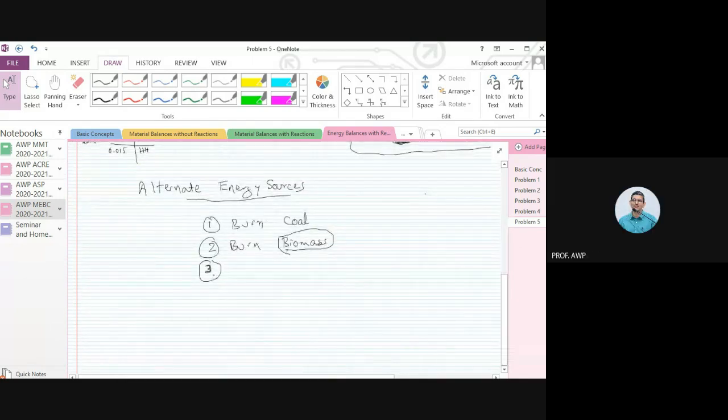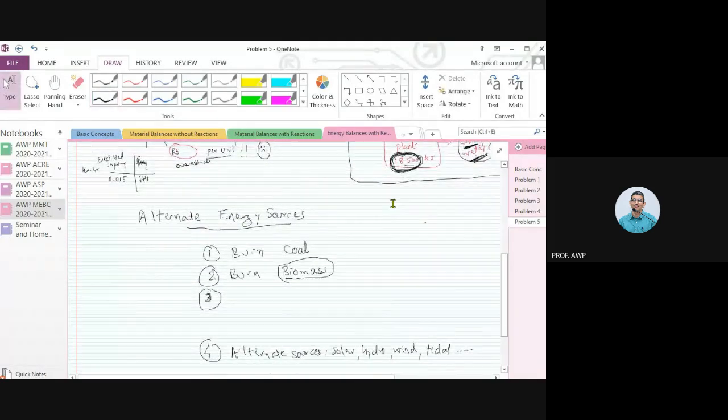Any other source of energy that you can think of? Sir, solar. I mean, okay, because other alternate sources we are not talking about. Solar, hydro, wind, tidal, all those we are not talking about. Any other source which generates energy, like burning of coal, or like burning of methane, or like burning of biomass?